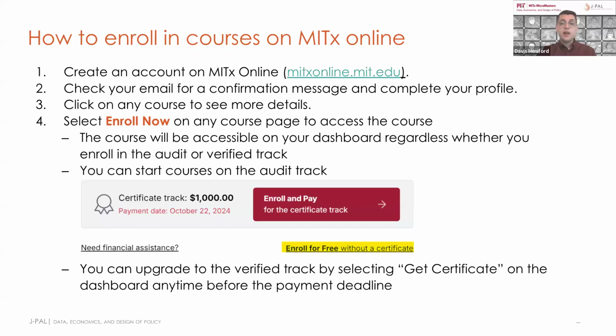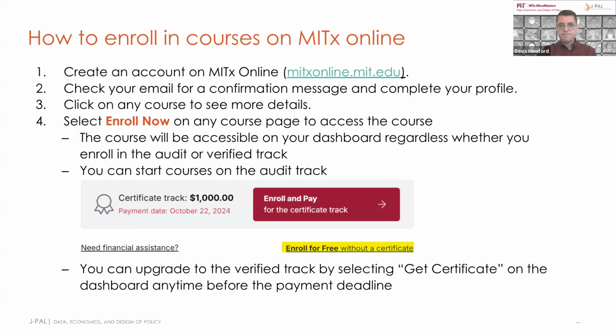You only need to pay if you'd like to take the proctored exam and receive credit. And you can wait to make this decision until the payment deadline, which is always a few weeks into the course. So if you're on the fence, if you're not sure if you want to pursue a certificate, go ahead and enroll as an auditor and try out the first few weeks for free. It's always a good option, I think.